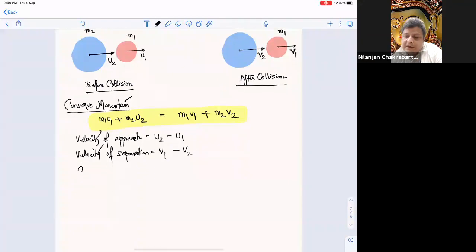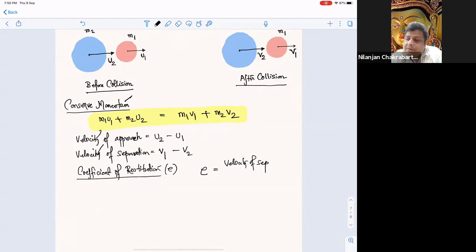Now there is a term known as the coefficient of restitution. It has a deeper meaning actually, which I will discuss later. For now I am defining this. It is the ratio of velocity of separation to the velocity of approach.